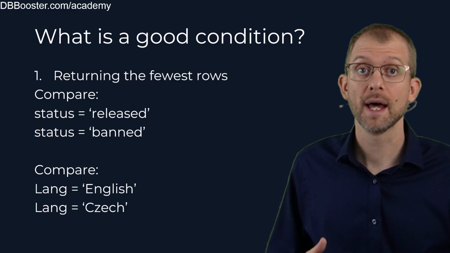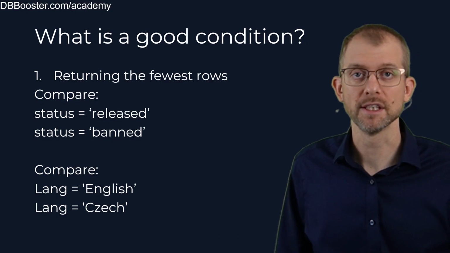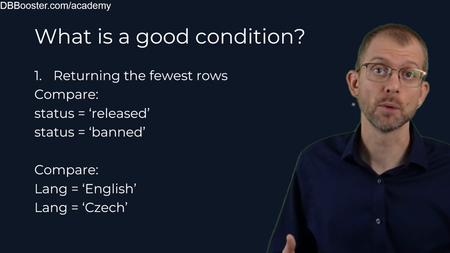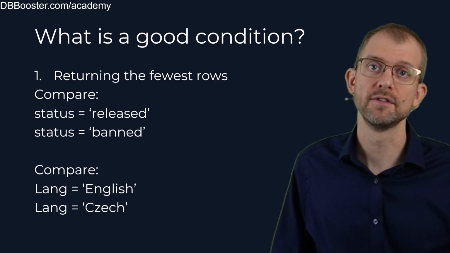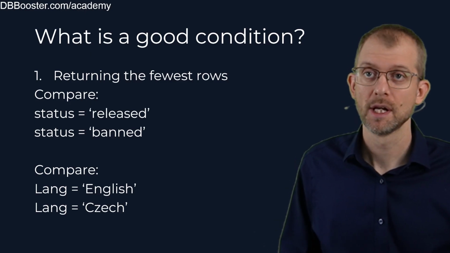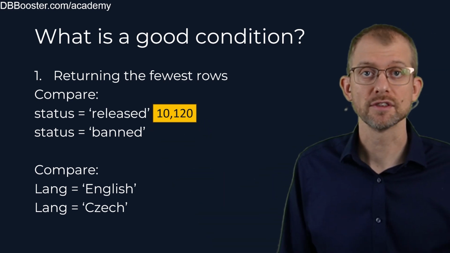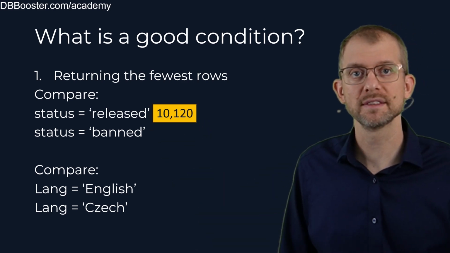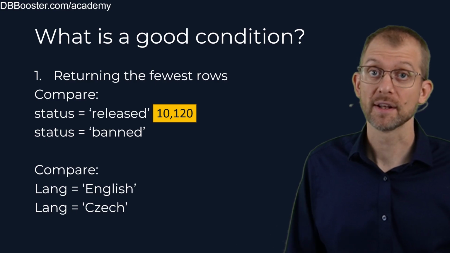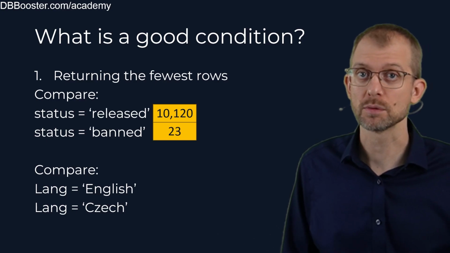Now let's look at equality conditions. The same principles apply here. A good condition is still the one accessing the fewest rows. Let's compare a few examples. Status equals released. That returns 10,120 rows. But status equals banned, that returns only 23 rows.